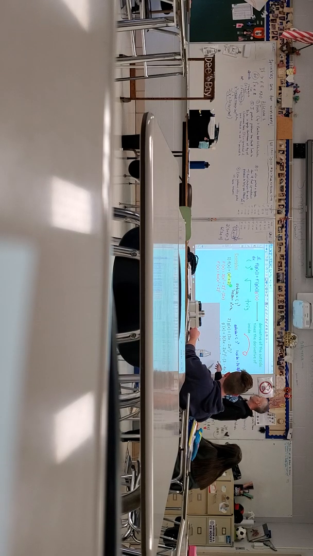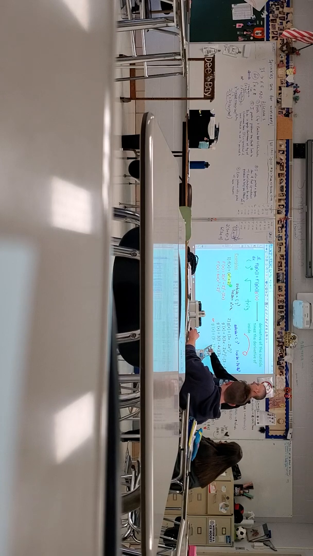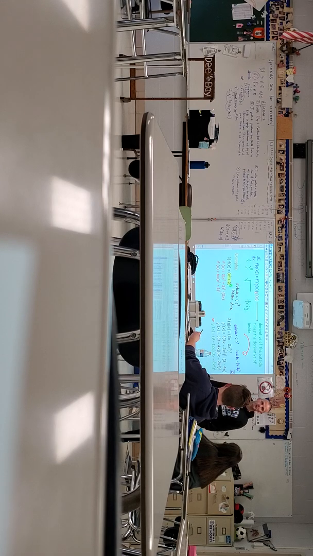Great. So what we can do here is reorganize. We could distribute 3 times that 3 minus 4x, and say that the derivative is 9 minus 12x times the quantity 3x minus 2x squared, squared.